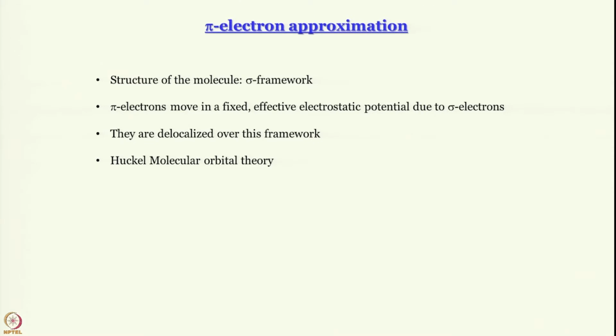It does not matter, because we are starting from the point when the sigma framework is already there. But Huckel treatment is essentially a molecular orbital treatment which is all about pi electrons, delocalized pi electrons in conjugated systems.